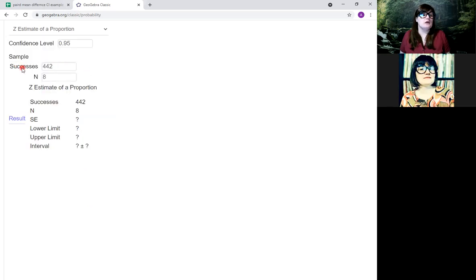For proportions, here's one thing that it does not want: P hat. What it wants is your number of successes and your number of trials. Now notice this doesn't make any sense carried over. It says 442 successes out of a trial of 8. That's not possible. Your successes must be smaller than your total number of trials. Remember, the term success here is a little bit weird.